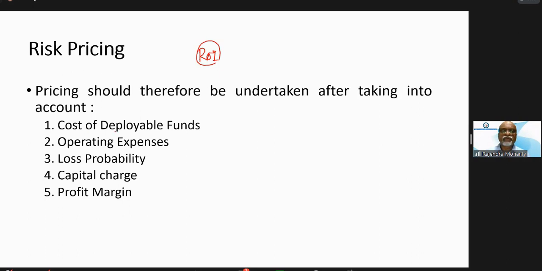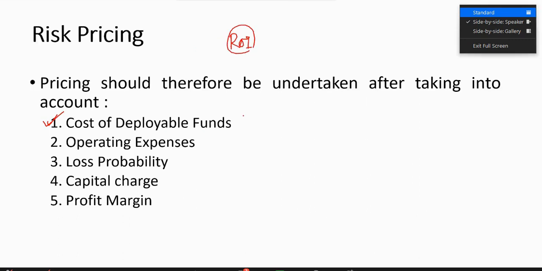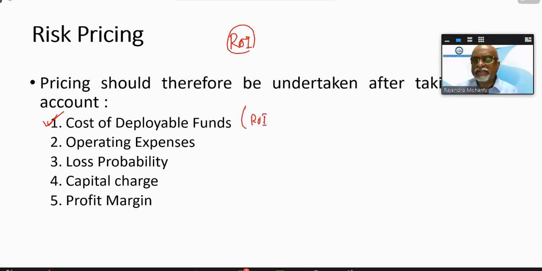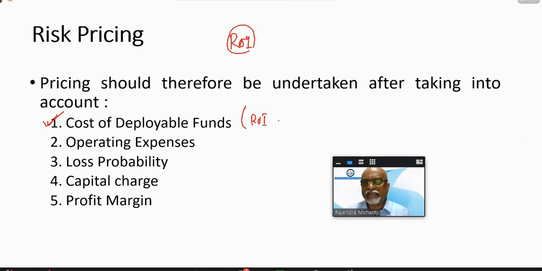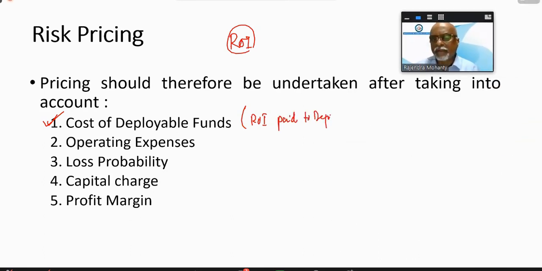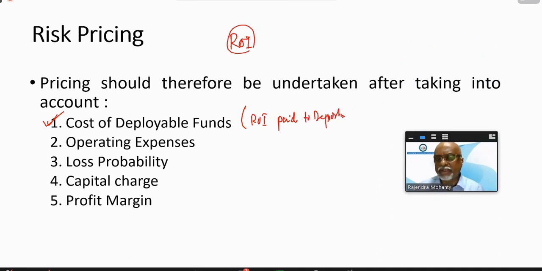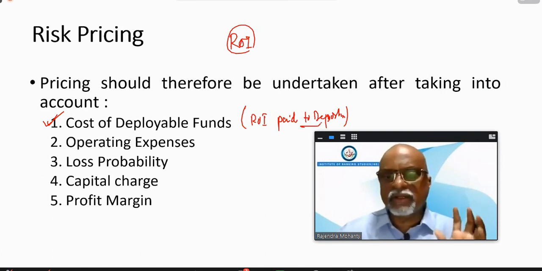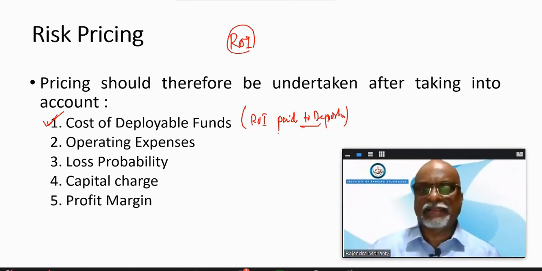So we'll see what the things are. These are the factors which decide the rate of interest for any loan. First is the cost of deployable funds. Cost of deployed funds means the average rate of interest paid to the depositors.